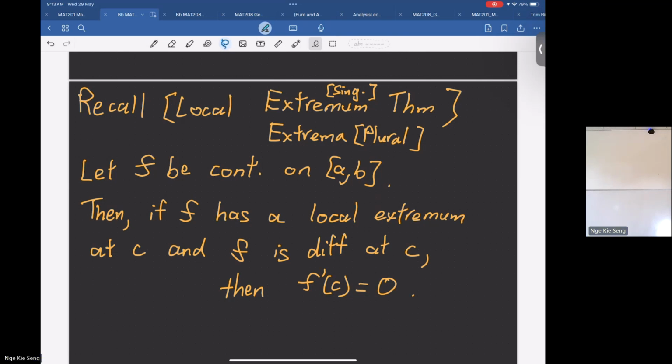I give you 2 to 3 minutes, talk with your friends and discuss whether you can have a non-differentiable point that is a local maximum or minimum.